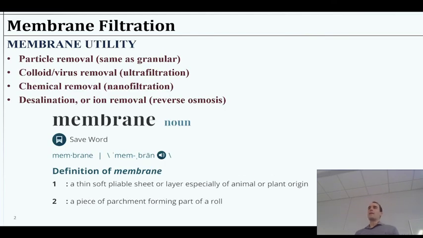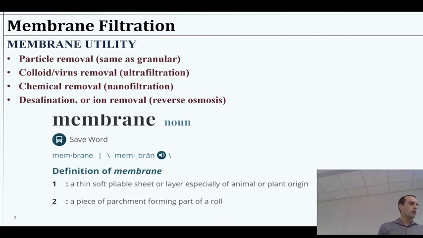All right, so what is a membrane and what is all this about? A dictionary definition of a membrane would be a thin, soft, pliable sheet or layer, especially of plant or animal origin. That part of the definition is just the physical aspects of it. It's thin, flat, pliable. Another definition could be a piece of parchment forming part of a roll.